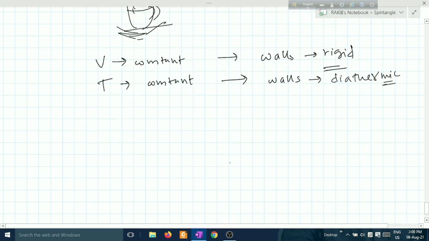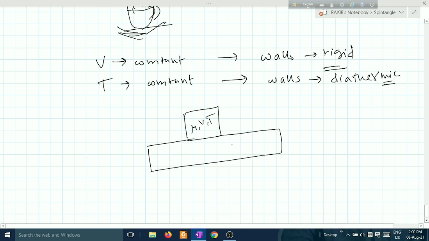And a grand canonical system, mu, V, T, also has to remain in contact with an infinite heat bath, because T should remain constant, and to make T constant, the system should be supplied with heat, or the excess heat from the system could go out of the system.